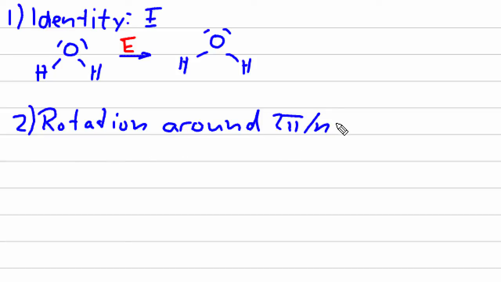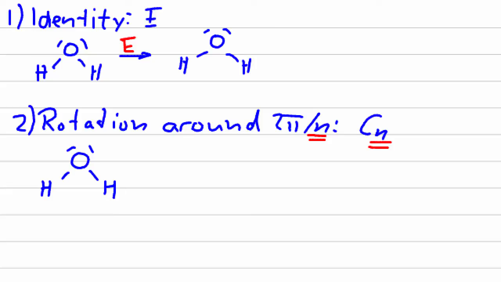And the symbol is Cn. And the n, what you see here, refers actually to this n, what we see here in this rotation angle. Now, let me explain this on an example. Let's again take our water molecule and see what happens if we perform a rotation.